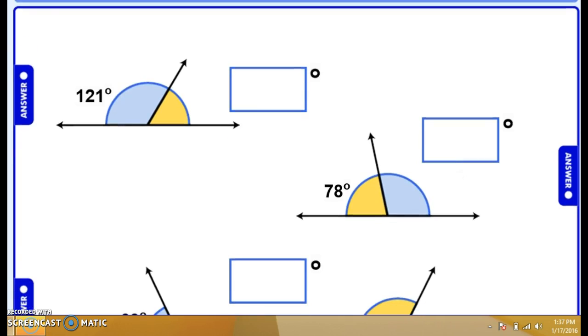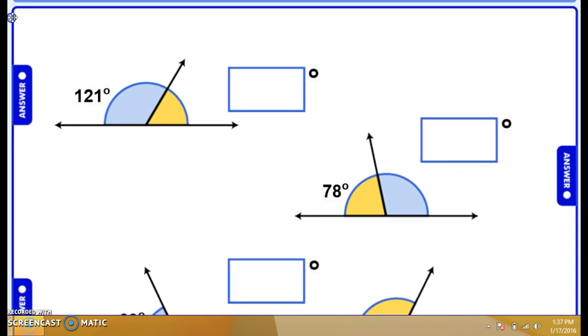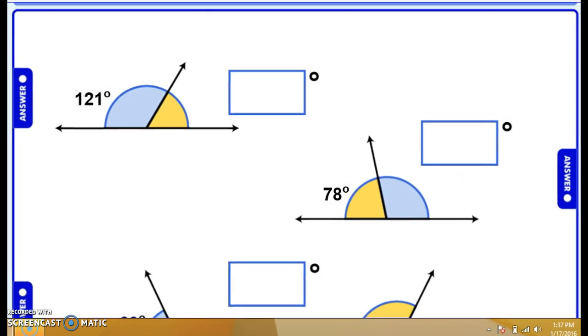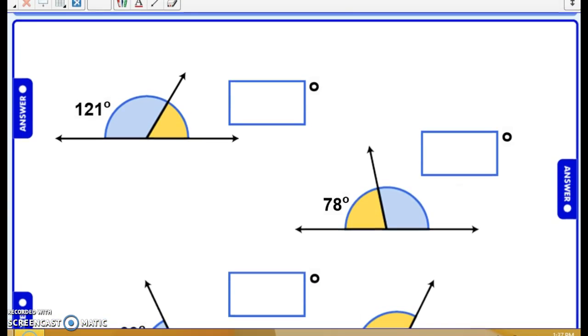Alright, and then the same thing on this slide, figuring out the measure of the missing angle. All right, so if I have 121 degrees and I know it's 180 degrees total, well then I know 180 minus 121 is going to give us our answer, and 180 minus 121 is going to give us 59 degrees.